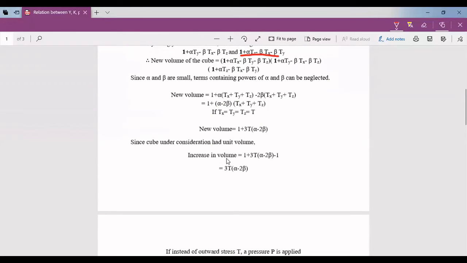Therefore, to find how much the volume of the cube is increased, we have to subtract 1. Increase in volume will be equal to 1 plus 3t into alpha minus 2 beta, minus 1. So minus 1 and plus 1 get cancelled. Therefore, increase in volume will be equal to 3t into alpha minus 2 beta.